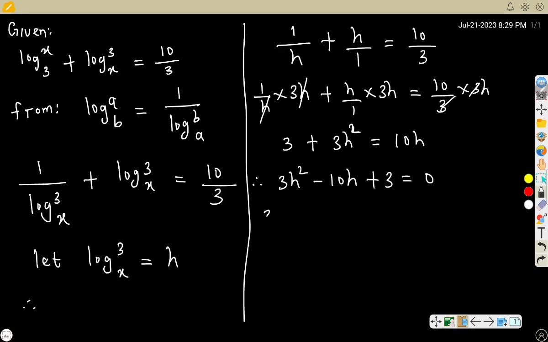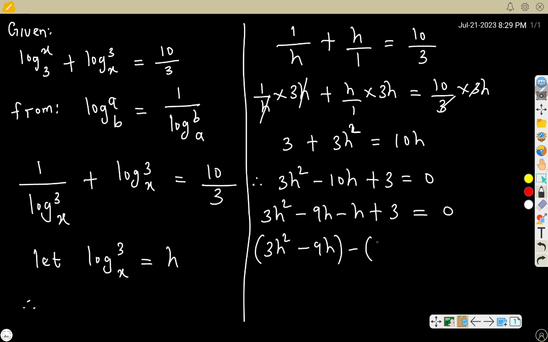This becomes 3h squared minus 9h minus h plus 3 equals 0. Bracket it: 3h squared minus 9h, then minus h minus 3 equals 0. You will notice a change of sign because of the bracket.